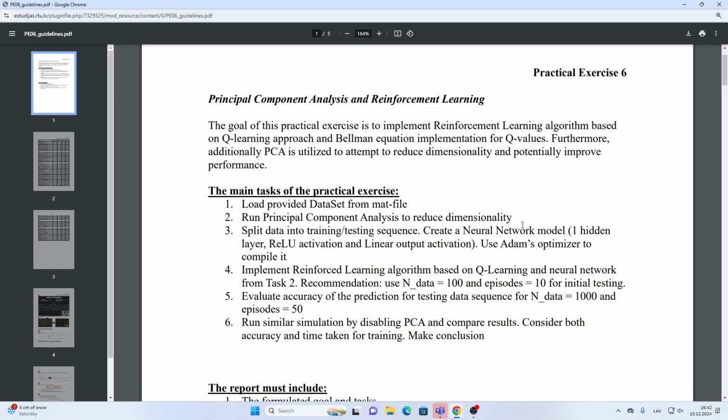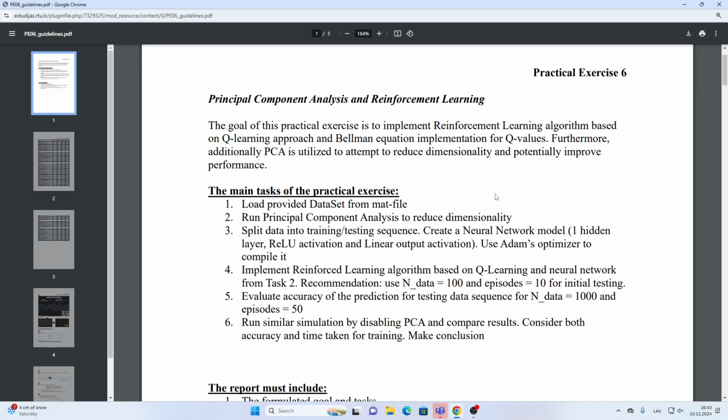That's why we are going to use smaller parameters like provided in this recommendation. Number of data 100, and number of episodes 10 for initial testing. Then, when you make the final results for your reports, you can switch to n data 1000 and episodes 50, which in Colab took around 12-15 minutes to go through. Not crazily long, but now it's starting to affect computation time.